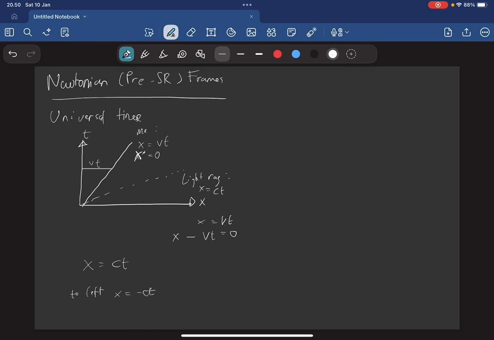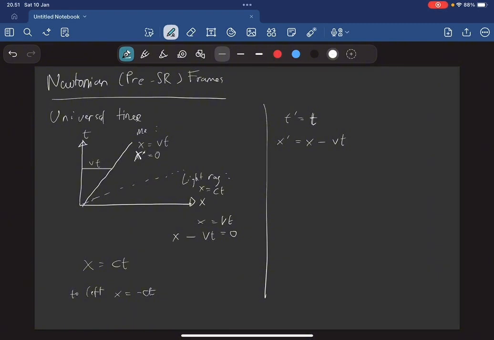The interesting question is, how do we translate from one frame to the other? In other words, what is the relationship between your coordinates and mine? According to Newton, that relationship will be t prime equals t, and x prime equals x minus Vt.